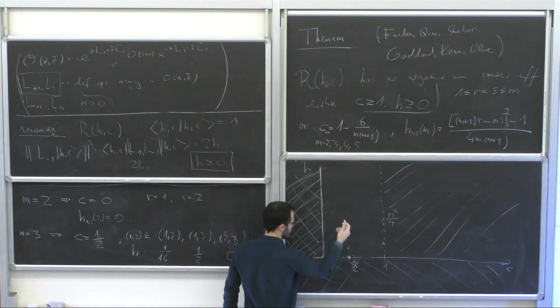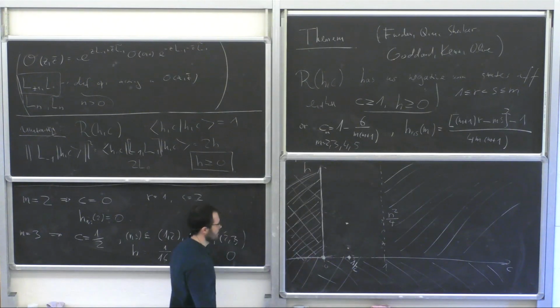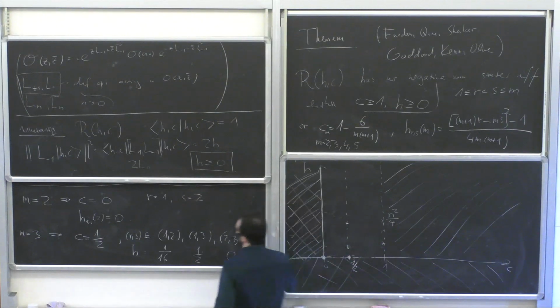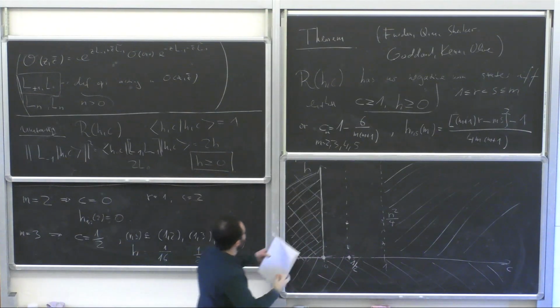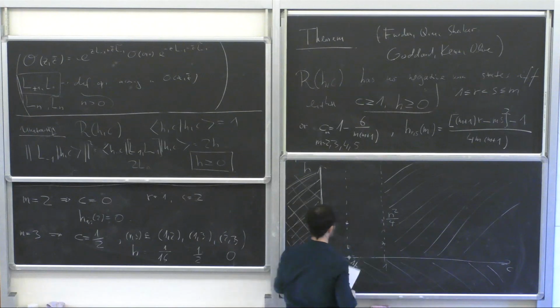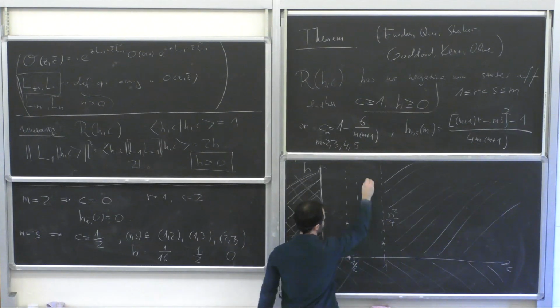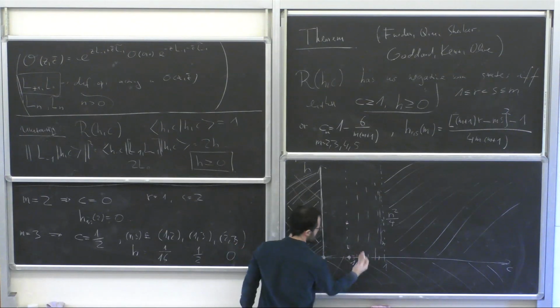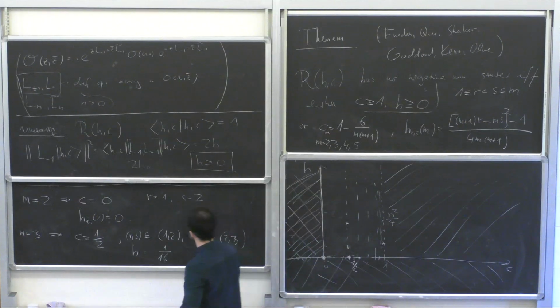So I guess 1/2 is about 8 times higher than 1/16. And these are the only ones at c equals 1/2. And in this way, you can keep going. As m increases, c approaches 1. So there is a sequence of c's getting denser and denser all the way to 1. And at each vertical line, there's a finite number of allowed representations.